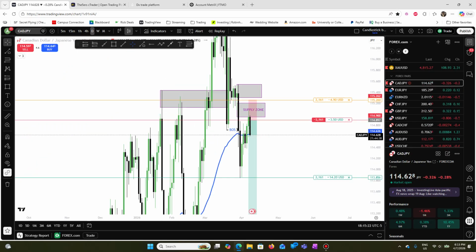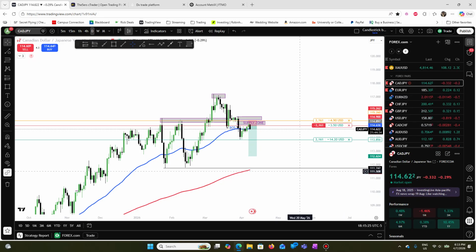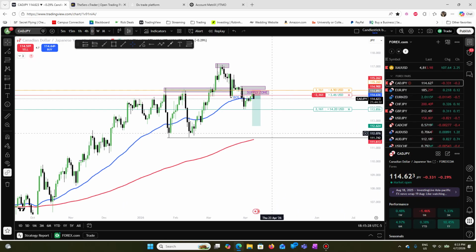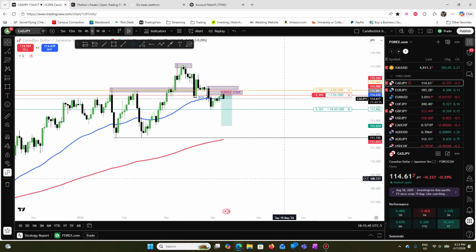But on the higher time frame, we can see what is happening. So I'm currently targeting this low, but if it's in a downtrend, it should hopefully make a new lower low, which should give me $15. But overall, that's what we're looking at.